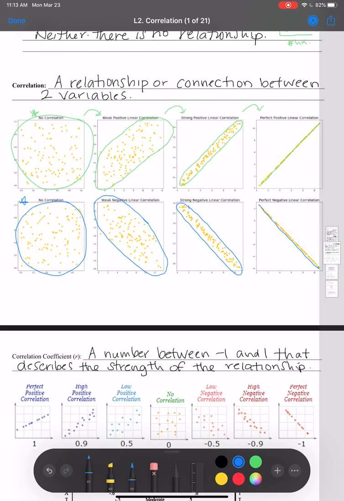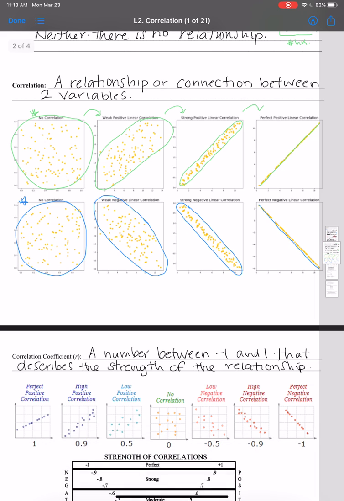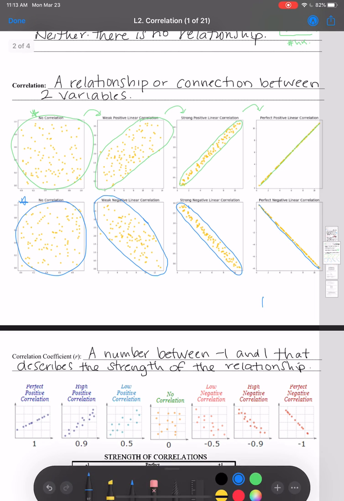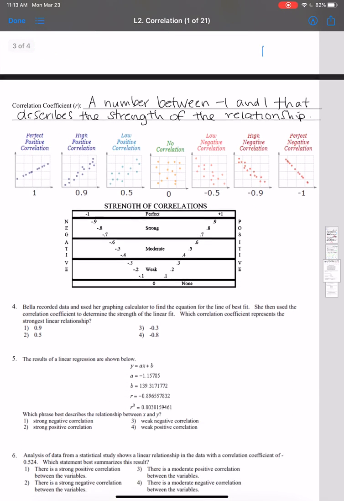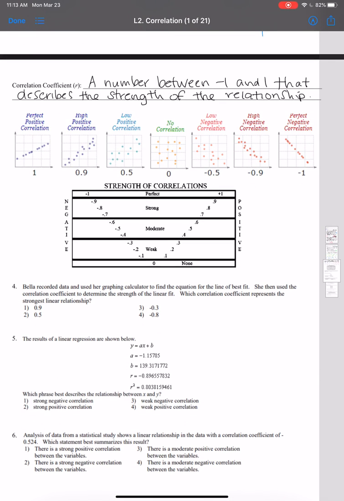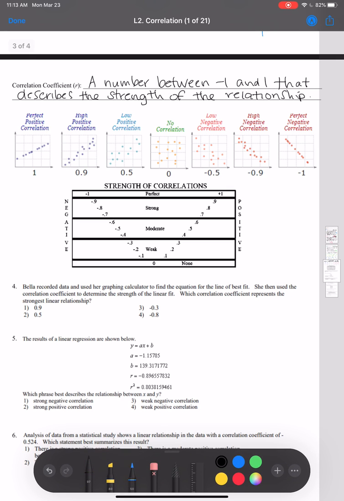Okay. So what we're going to do is talk about the correlation coefficient, and that is a number between -1 and 1 that describes the strength of the relationship. Just like what we saw before, we're seeing this correlation go from perfect positive to a high positive, a low positive, to none.